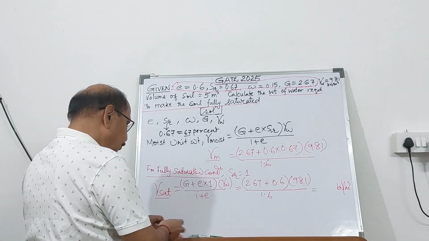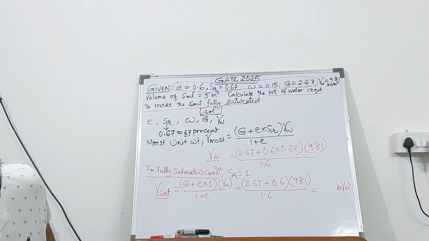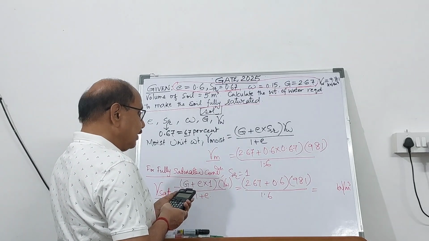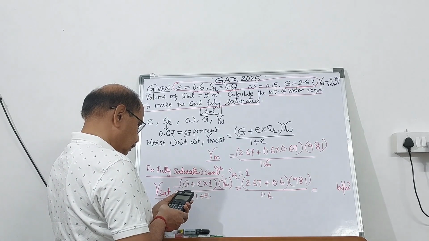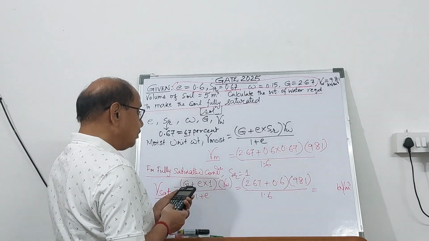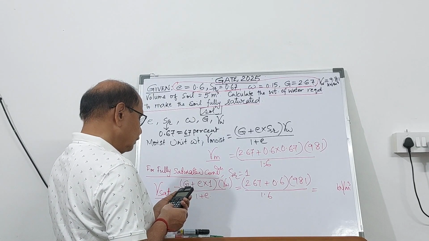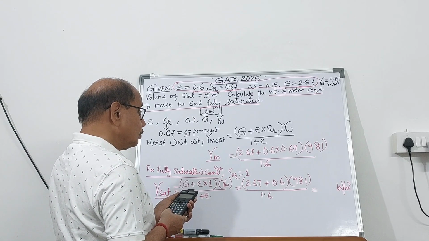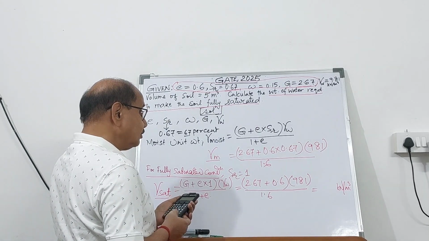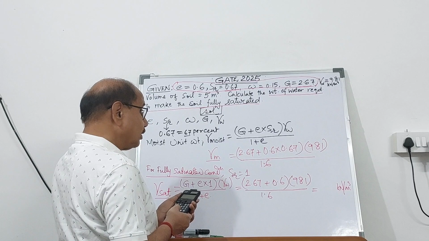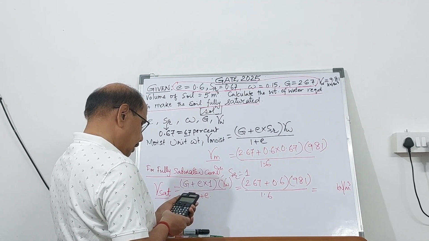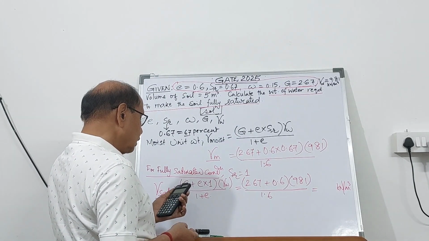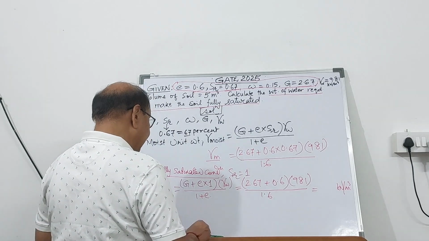So if we calculate, let us see what value we get. 2.67 plus 0.6 into 0.67 multiplied by 9.81 divided by 1.6 equal to 18.83.